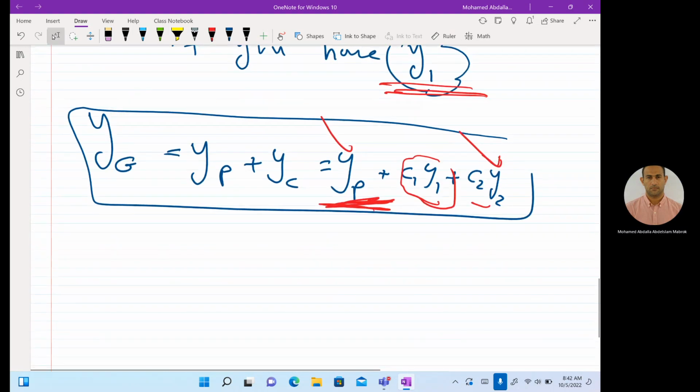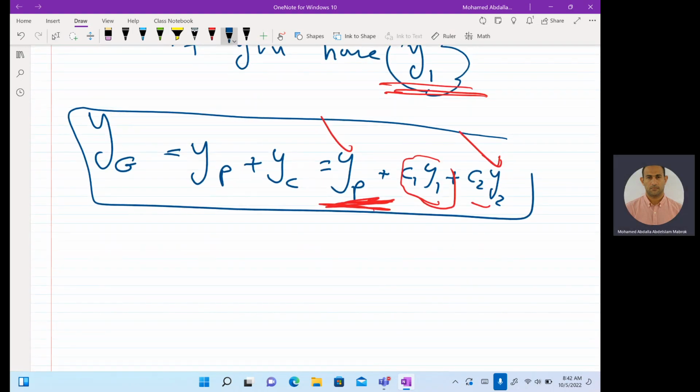Well, as we did on several occasions, if you don't know the solution, just assume it and try to re-engineer it. I mean, do some reverse engineering to that assumed solution to make it look like a solution, which in this case, we're going to assume that y equals u of x, a function of x, times y1.